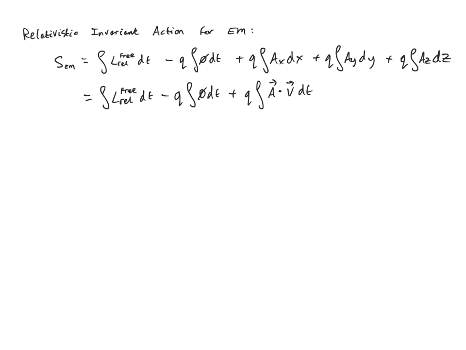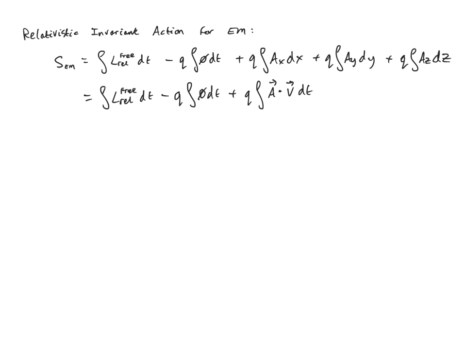I divided and multiplied each of these terms by dt, and thereby I was able to pull out an overall factor of dt, and then I would have dx by dt, dy by dt, dz by dt, and then the components of velocity, vx, vy, vz, and then you can combine those neatly into this simple dot product, A vector dot v vector. And these are regular 3 vectors and the regular dot products that we know and love.